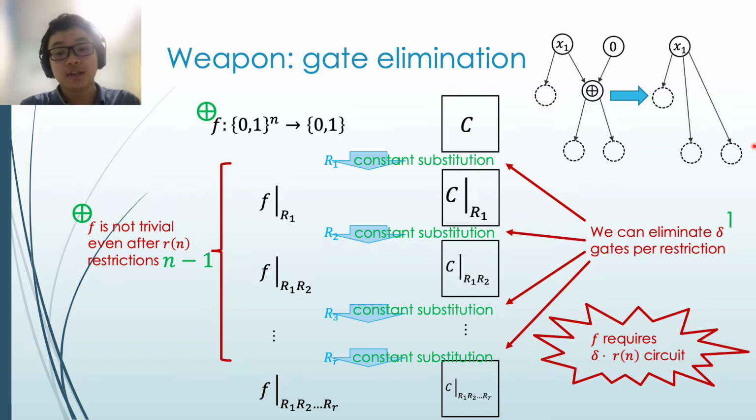The gate directly fed by the restricted input will only depend on one of these inputs by then, for example this gate. Then we can remove the gate and rewire the circuit as shown by this example. So we can conclude that the parity function requires at least n minus 1 gates to compute it. But parity cannot give us a better lower bound because it can obviously be computed by a circuit of size n minus 1.